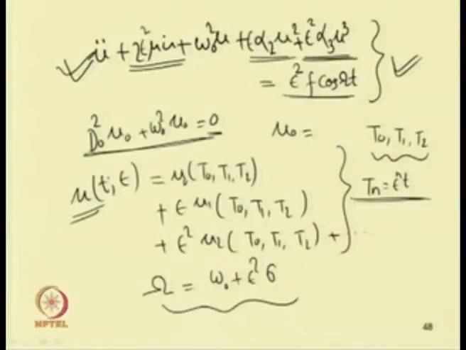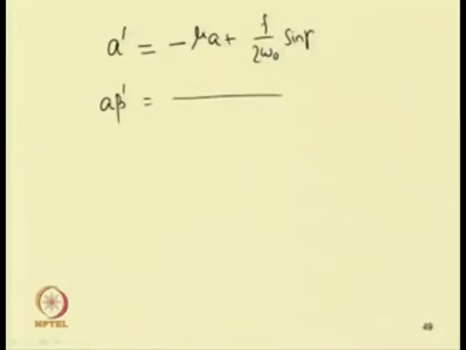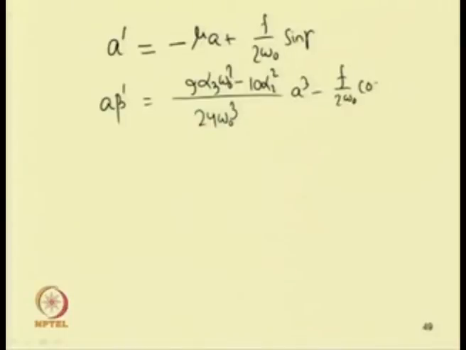Proceeding further, we can get the reduced equation, that is a dash, which is d a by d t 2, equal to minus mu a plus f by 2 omega 0 sin gamma, and a beta dash will be equal to (9 alpha 3 omega 0 square minus 10 alpha 2 square) by 24 omega 0 cube a cube minus f by 2 omega 0 cos gamma.